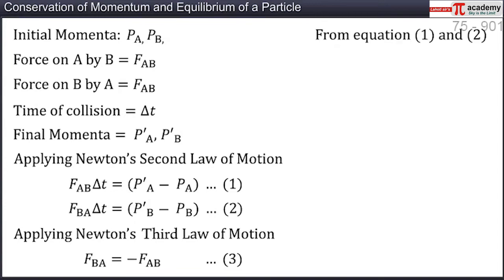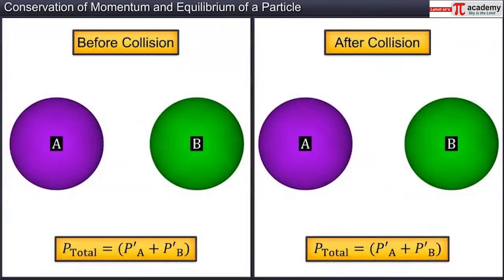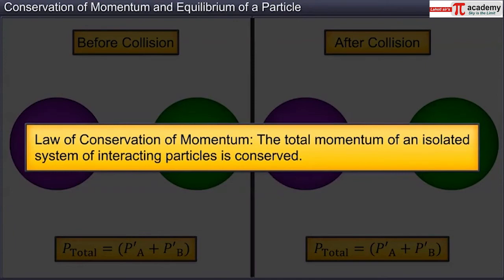Substituting the values from equations 1 and 2 in equation 3 and resolving, we get Pa plus Pb is equal to P'A plus P'B. This shows that the total momentum before the collision is equal to the total momentum after the collision. This proves that the law of conservation of momentum holds true for all isolated systems.